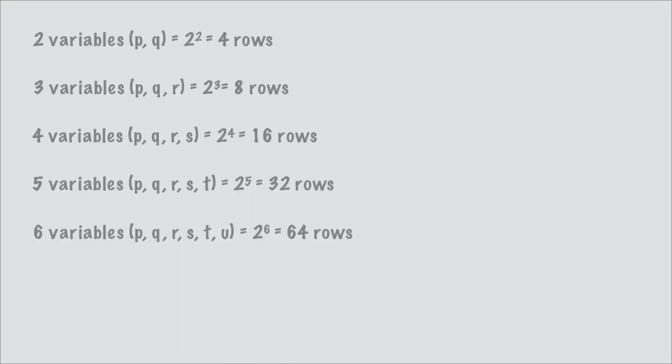If I have 2 variables, we know that 2 squared is 4. That's only 4 rows, which isn't particularly bad. So I have true, true, false, false, and true, false, true, false. With 4 rows, I get a truth table that's pretty small. Now, if I go to 8, that still isn't too bad.